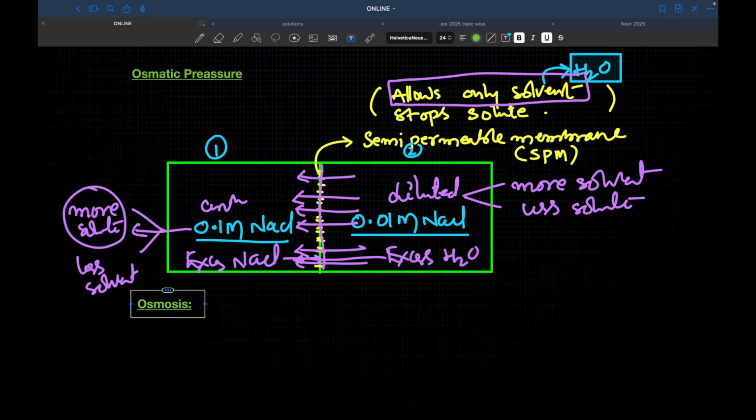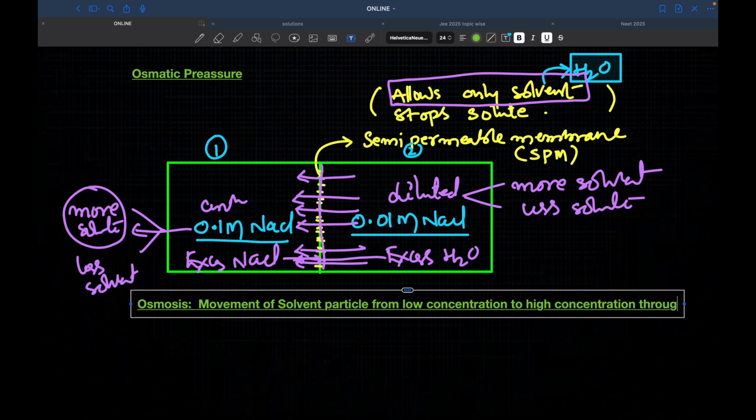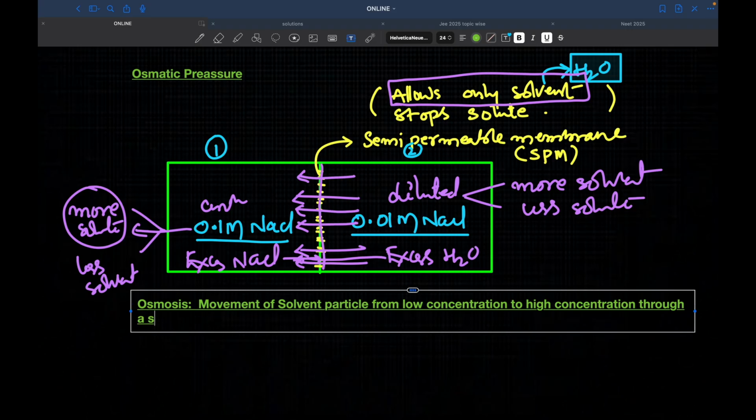Osmosis means movement of solvent particles from low concentration to high concentration through a semi-permeable membrane.